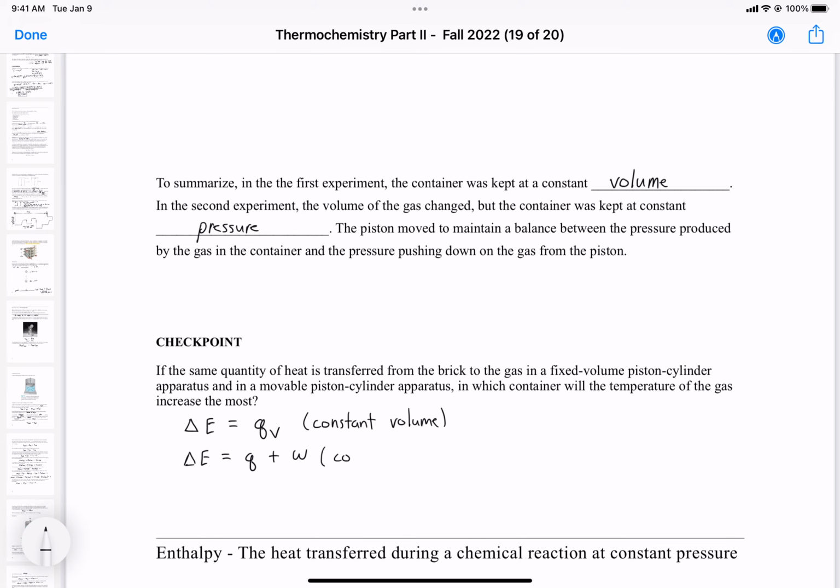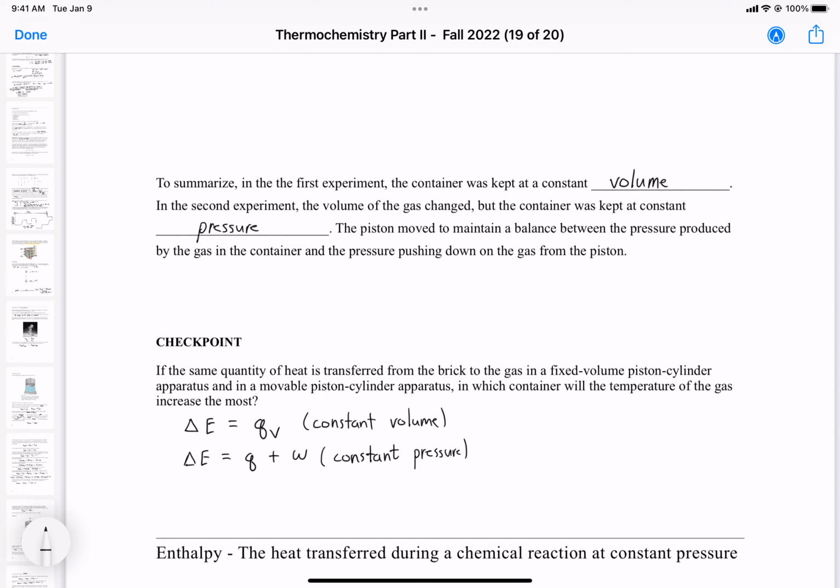Here is constant pressure. Remember, at constant pressure your volume is changing, so you're actually doing work to increase the volume, right? So you're actually losing energy to do work.